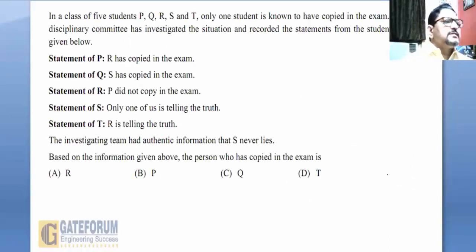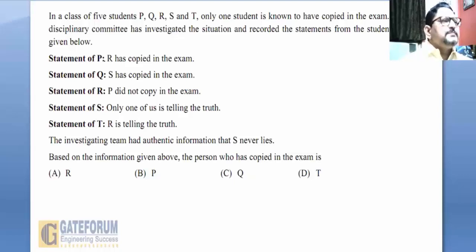This clearly looks like a logical reasoning question. Let us see. In a class of 5 students, P, Q, R, S, and T, only one student is known to have copied in the exam. The disciplinary committee has investigated the situation and recorded the statements from the students as given below.